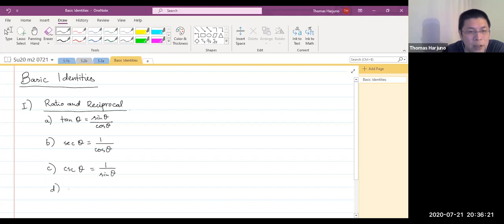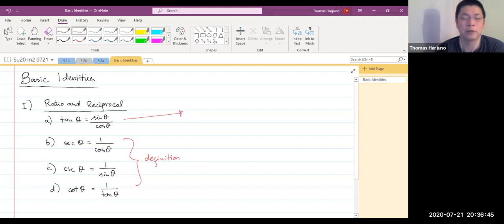And finally, cotangent theta is the reciprocal of tangent theta. The last 3 are actually just definitions. Now, the first one, however, is not really from the definition.